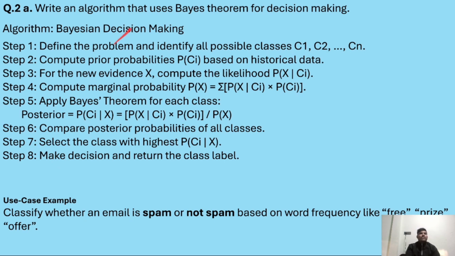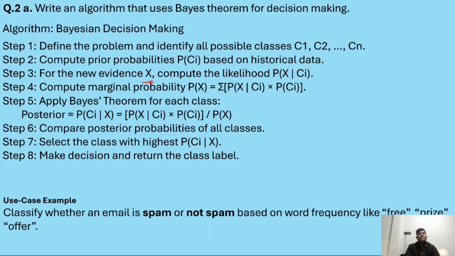Now, question number 2: write an algorithm that uses Bayes theorem for decision making. So the algorithm for Bayes decision making is: step 1, define the problem and identify all possible classes C1, C2 to Cn. Step 2, compute prior probabilities, that is P(Ci), based on historical data.